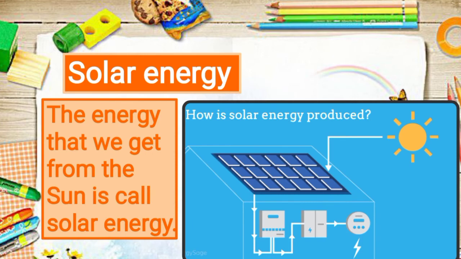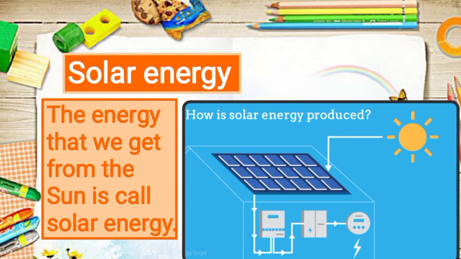The energy that we get from the sun is called solar energy, and it is in the form of heat and light. We even depend on plants for this process.